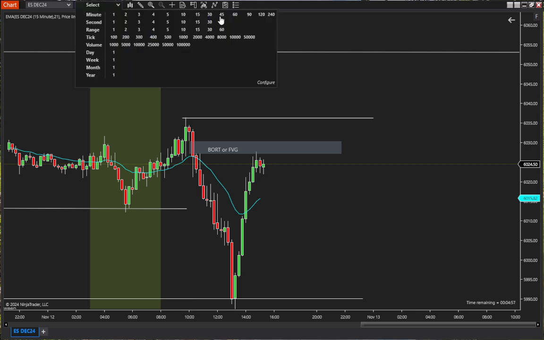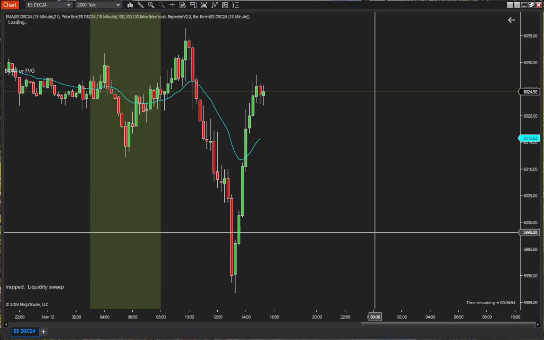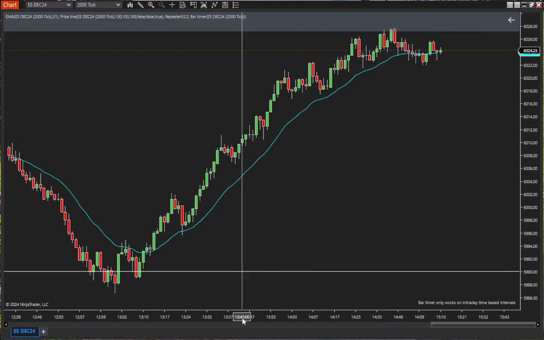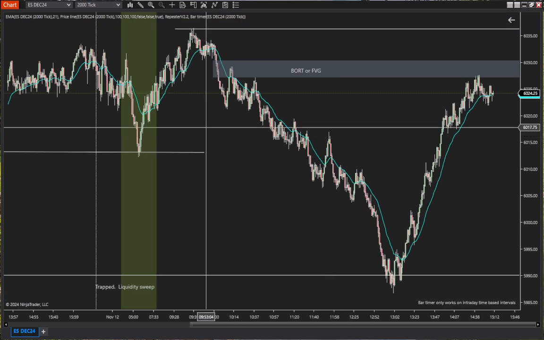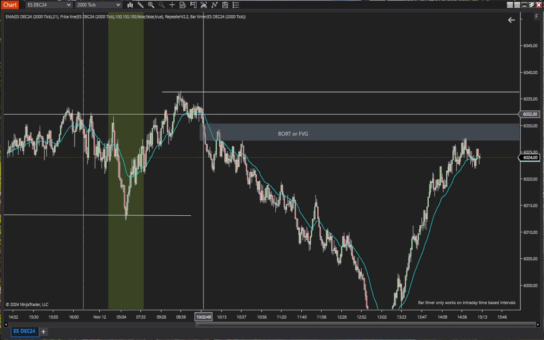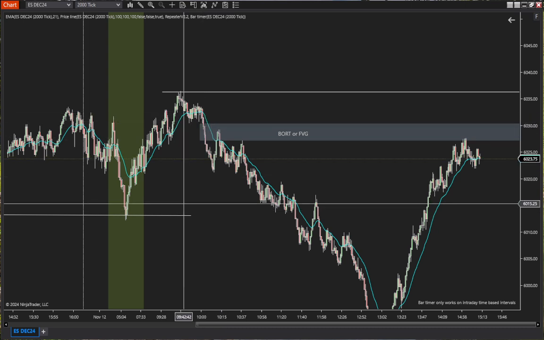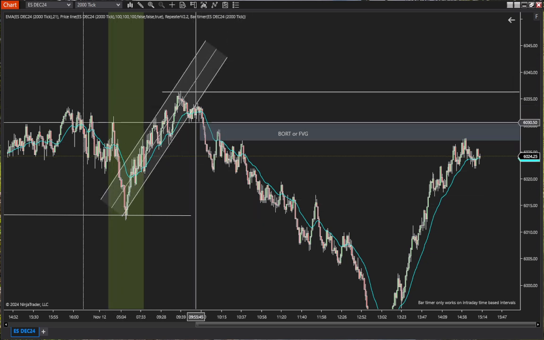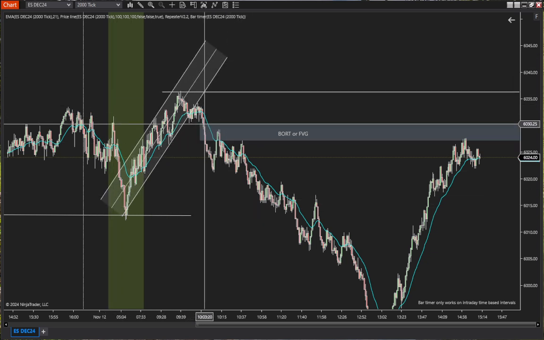If I take this and put it on a 2000 tick chart, this is the reason why I use tick charts for the entries. You can see this is the last area where the buyers tried, and then it failed, right? Because look at this. Clear move up. They tried, and then they failed.